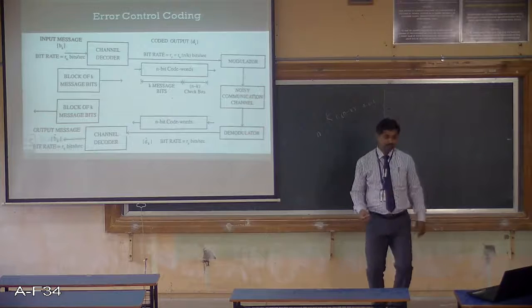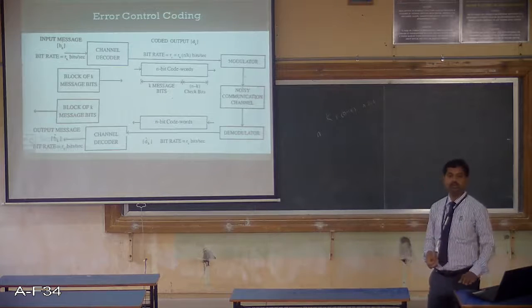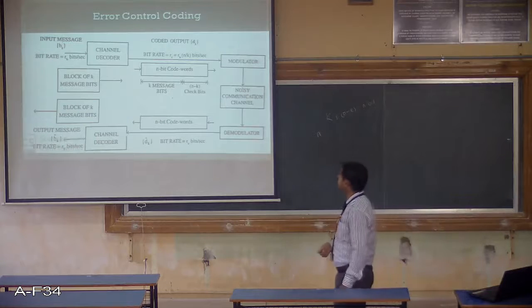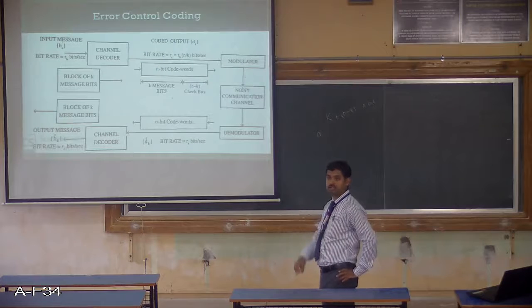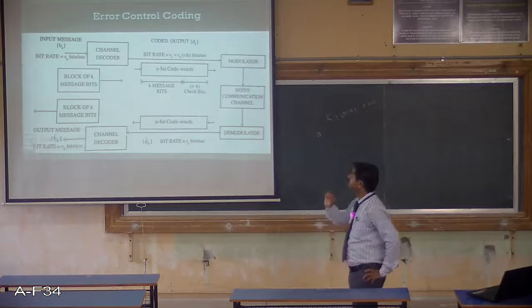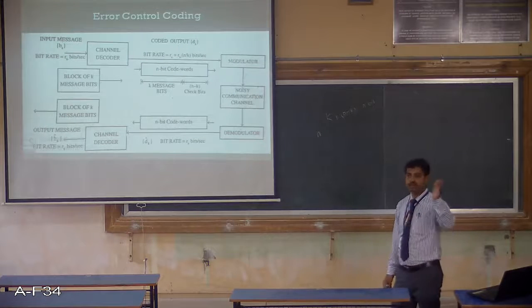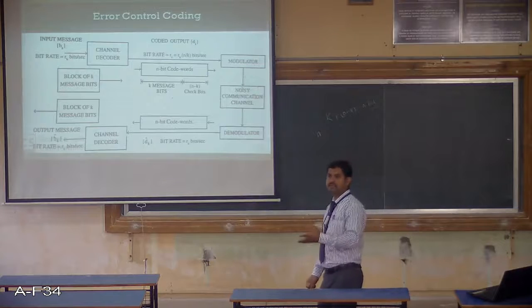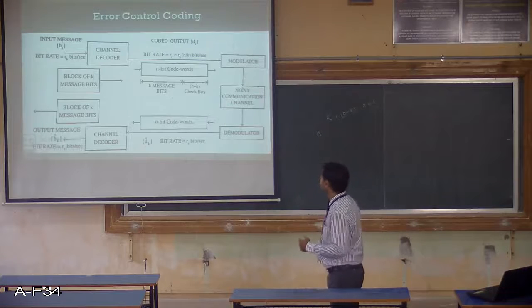So the channel encoder converts the stream of bits into another sequence whose rate is now R_C. Before it was R_B, now it is R_C bits per second, because it changes.